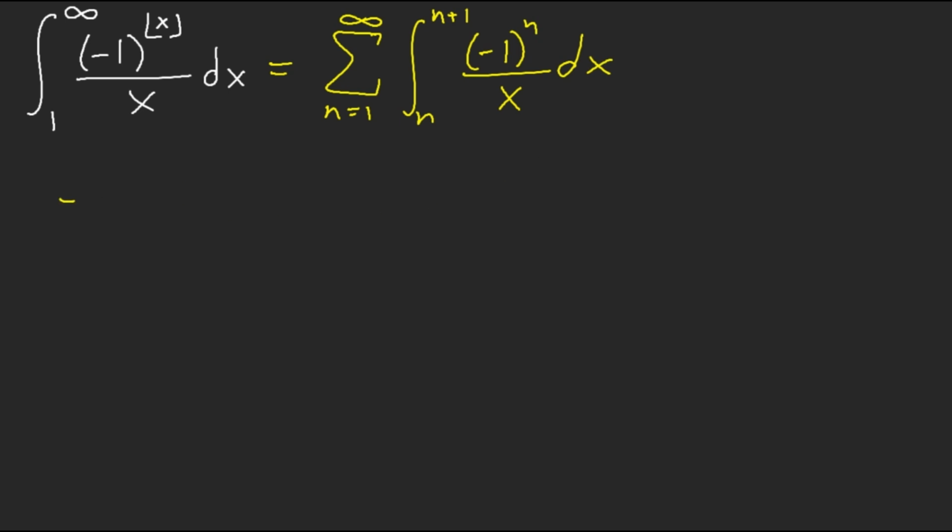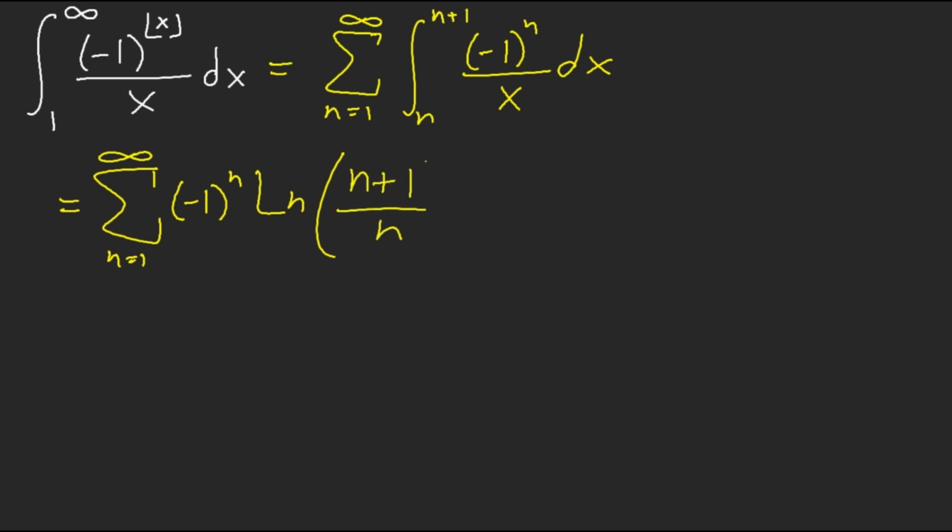This is simply, we already know what this is. From -1, we have ln of n plus 1 over n. Okay? Again, you're probably thinking, what the heck is this? What is this sum? Right. So we express it. Well, technically this is ln of the pi product of n equals 1, right?